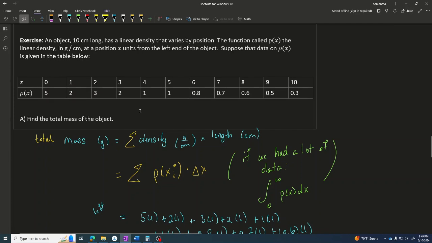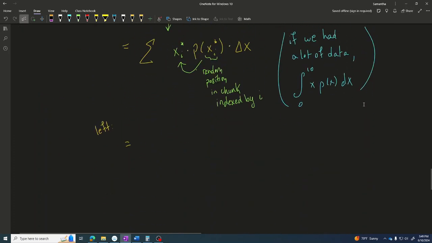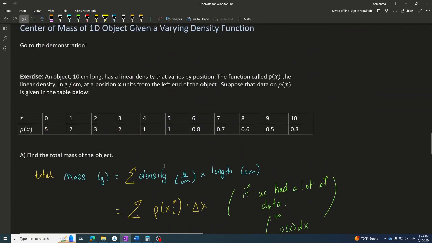My preference is for the left end. However, if you prefer, you can also do the right end. Totally up to you. Now, if I use the left end values, then xi star would be 0, the density would be 5, and the width would be 1 on that first chunk. So x equals 0, density 5, delta x equals 1 on that first chunk, taking these left values out of that first chunk.